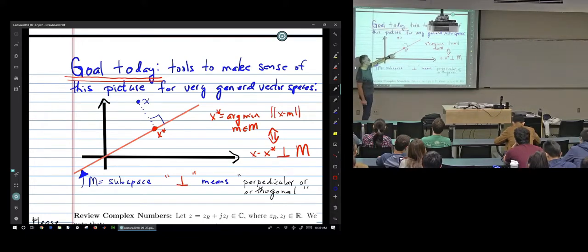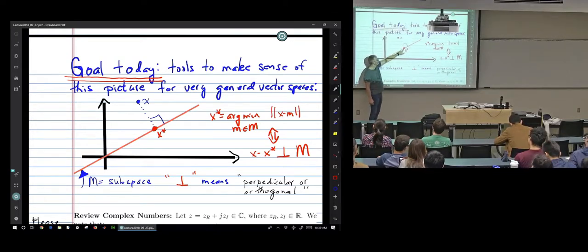If I point to this one, you go no, and this one, no, and I point to the one that's directly giving me a right angle, you go yes, okay? So it's true in R2 when the norm is the square root of the first component squared plus the second component squared. This is the minimizing vector. It's characterized by the error vector being at a right angle to the subspace that you're using for your approximations.